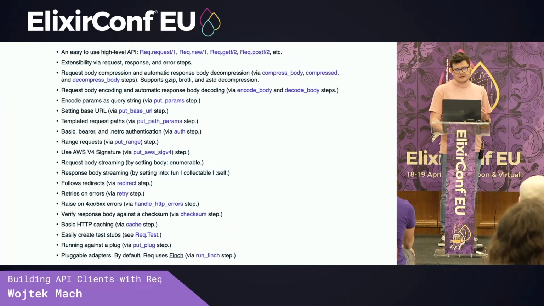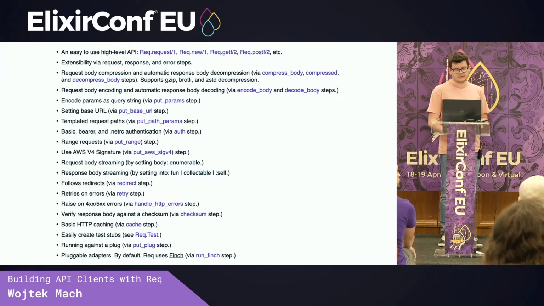But just to give you an idea, the kind of things it does is, if we got a response from the server that was compressed, we would automatically decompress it. If it was encoded, like I showed with JSON, it would automatically decode it. There is functionality for working with URLs. We support request body streaming and response body streaming.